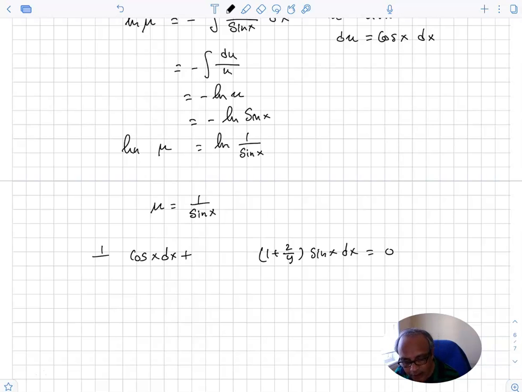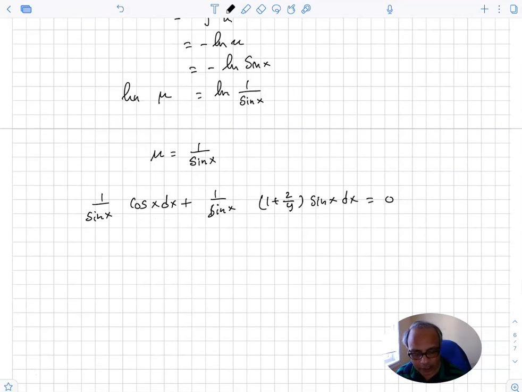Multiply the equation by the integrating factor, so multiply by 1 over sine x, and you can see that on the second term sine x cancels, but in the first term you have something, and hope you remember now what to do, because if this equation has to be exact, and this is exact because I have multiplied by the integrating factor, so this is in exact form, so it has to be in the form d psi dy equals 0.